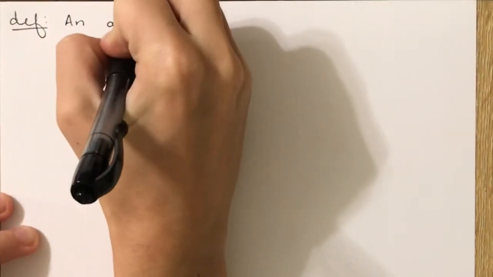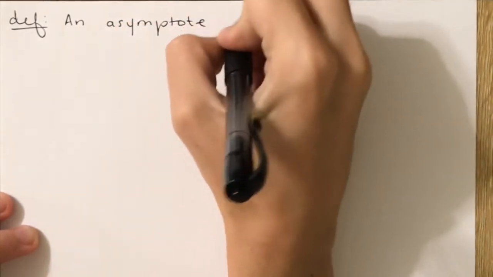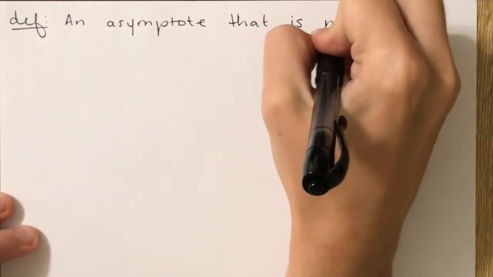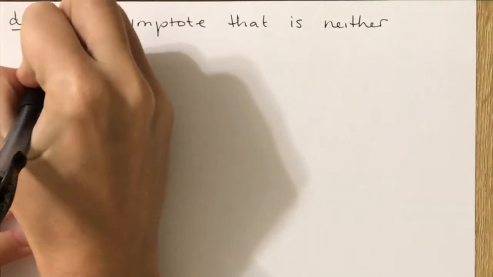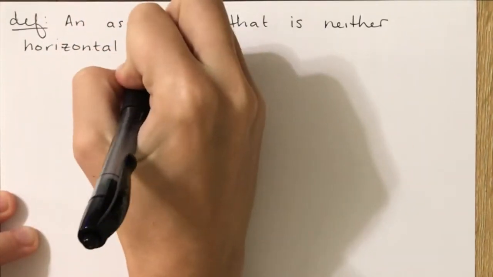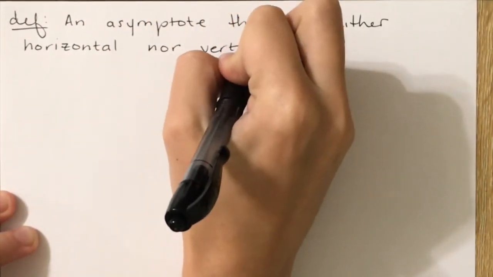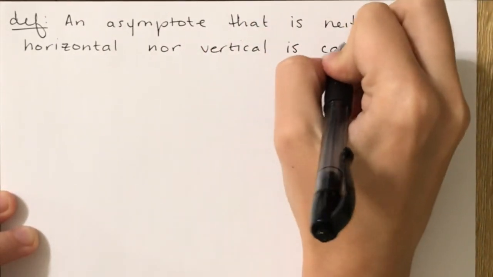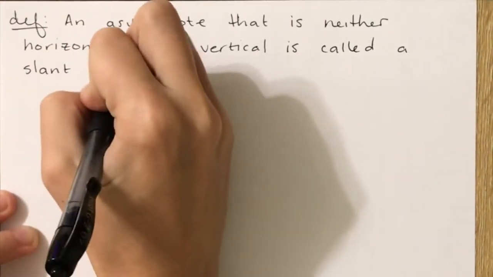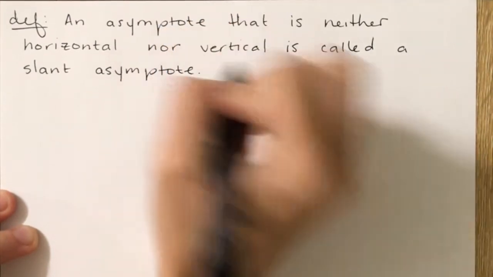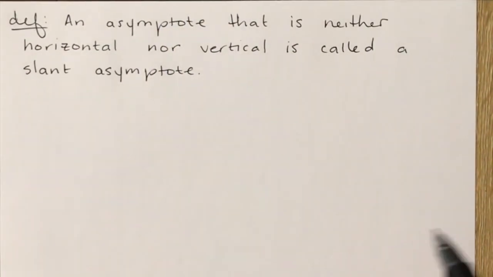An asymptote that is neither horizontal nor vertical is called a slant asymptote. So the one that we just looked at was a line that was not horizontal or vertical, so it was a slant asymptote. And where did it come from?